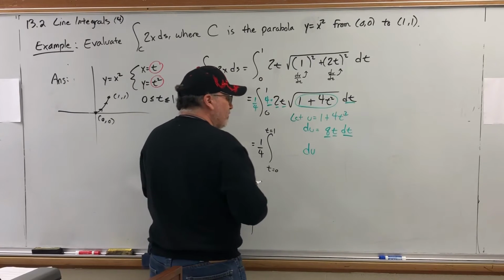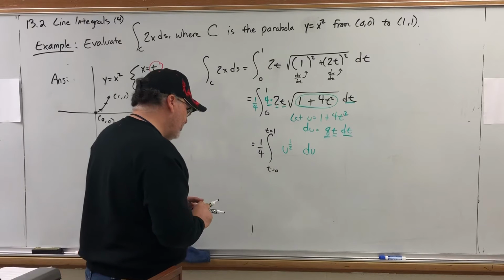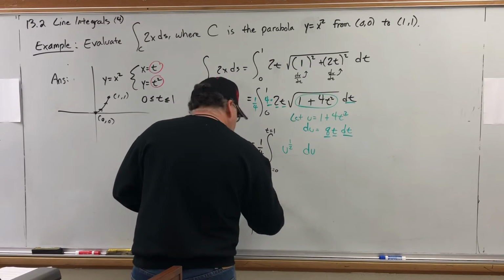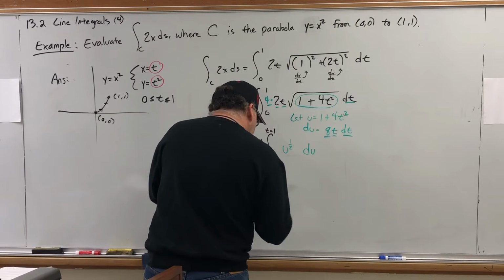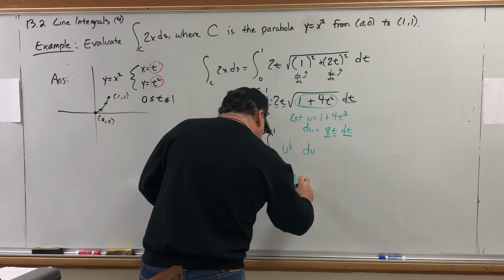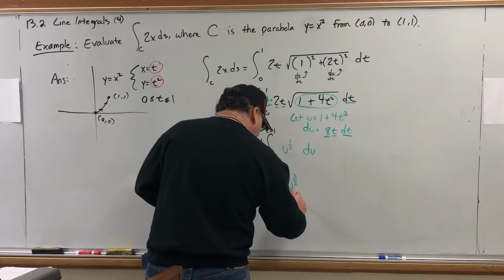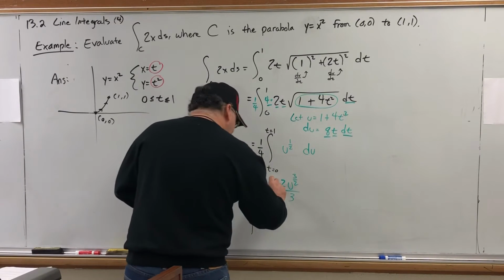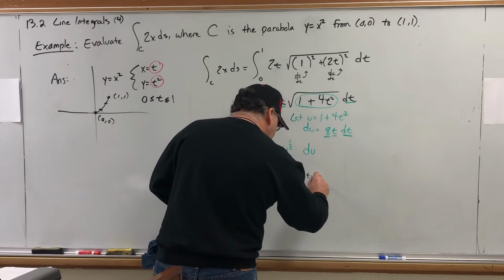The radicand becomes u, and it's in the square root, so it's to a 1/2 power. So this is an easy integral to evaluate. Raise the power by 1. We get u to the 3/2. Divide by the new power, or equivalently multiply by its reciprocal, so 2/3. And then we have 1/4. And we're going from t equals 0 to t equals 1.